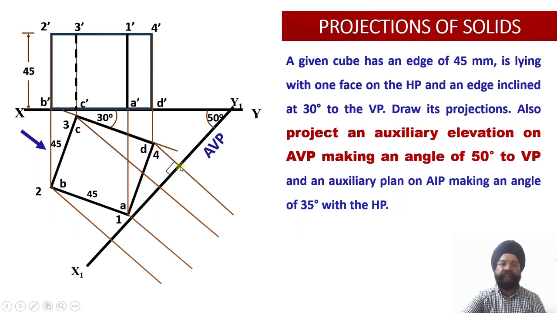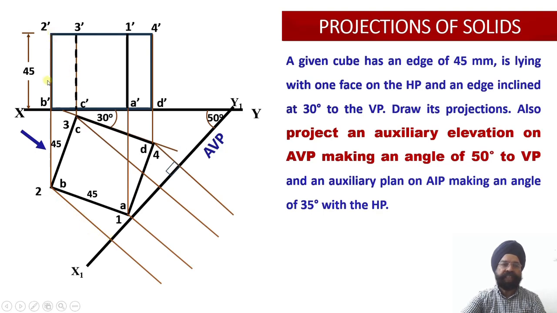Now let us work out the distances of 1 dash, 2 dash, 3 dash and 4 dash. So please see, 1 dash is at a distance of 45 millimeter above the horizontal plane. So from the locus of 1, this is my X1, Y1 line. I'll measure the distance of 45 millimeter and draw a point, and this point's name will be 1 dash. Similarly, point 2, this is the top face.